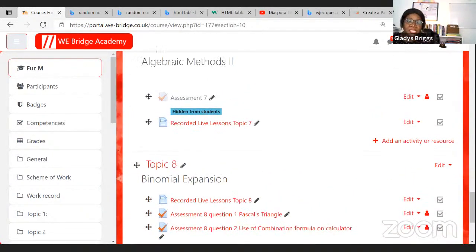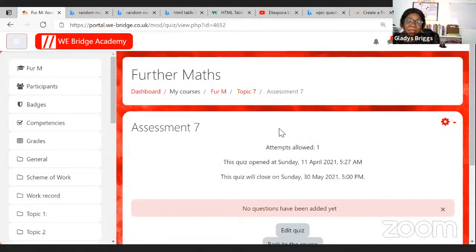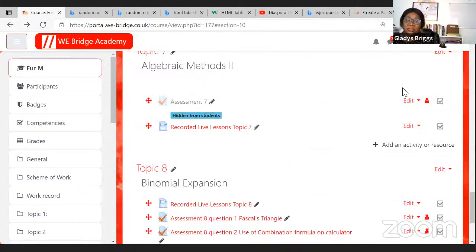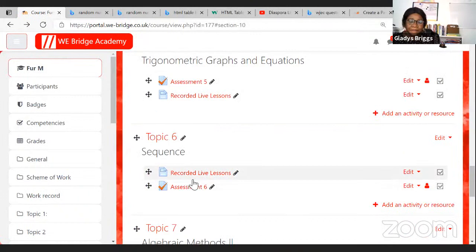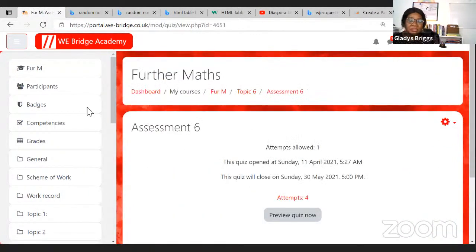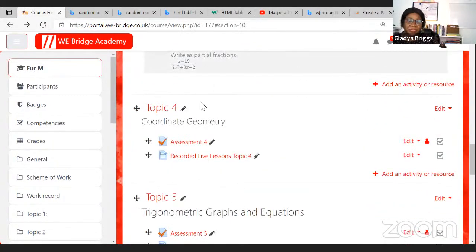Okay, let's have a look at assessments. Let me check assessment 7 now for you guys. I don't even know what's happening there. Oh, so I haven't done it. So maybe we'll complete that before the end of the session. Assessment 6. Okay, some of you have done it. What's on assessment 4?